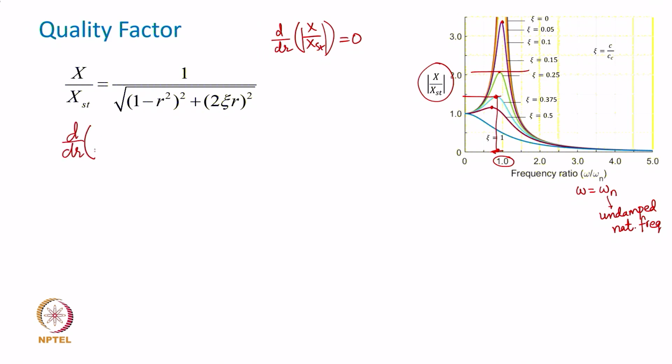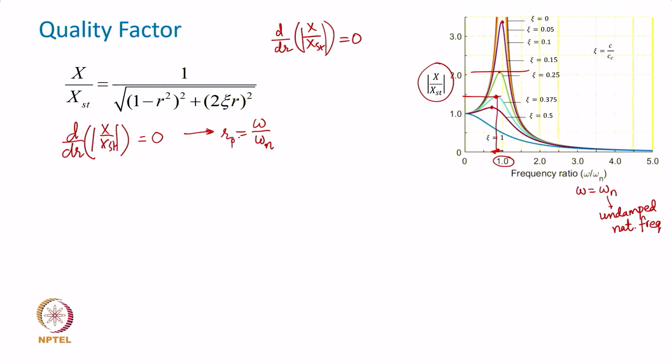So, that derivative with respect to r equal to 0 will give you the ratio r, which is nothing but omega over omega n, and this is a specific r value.